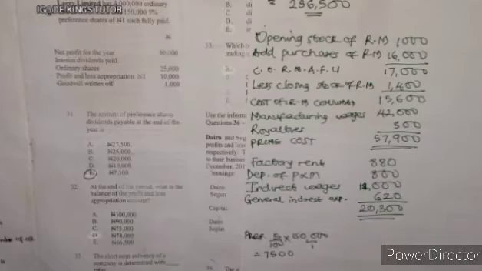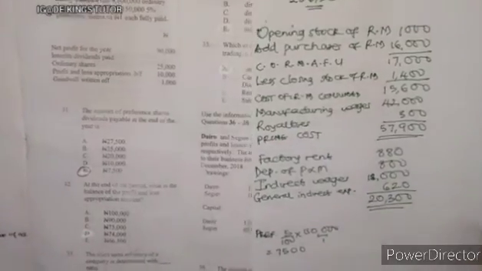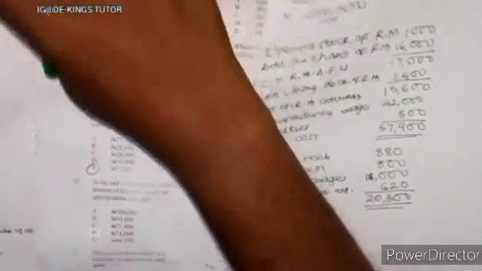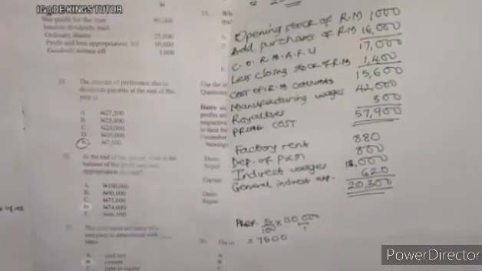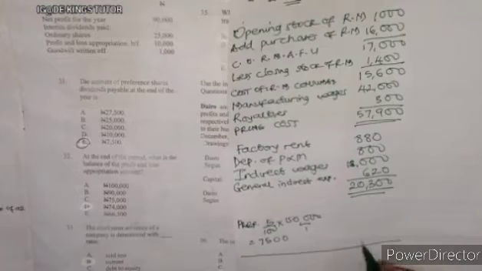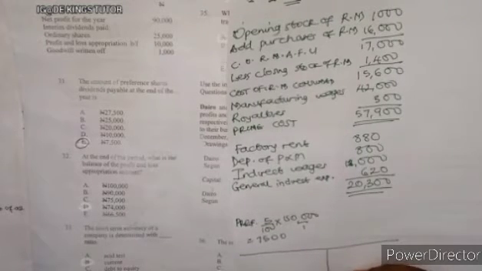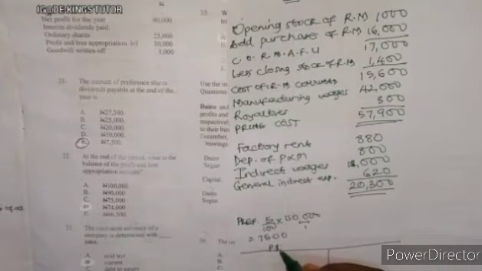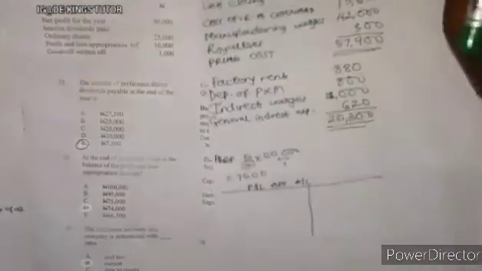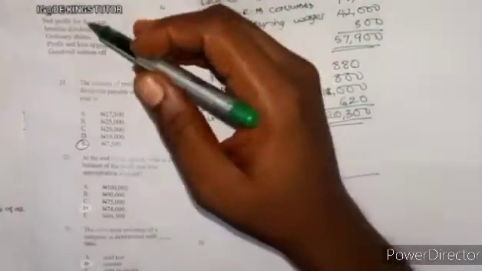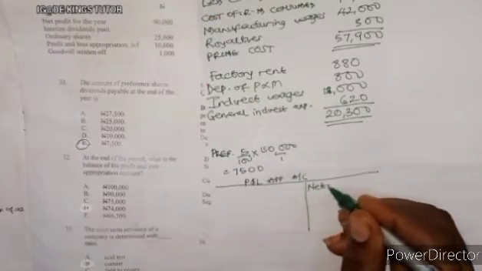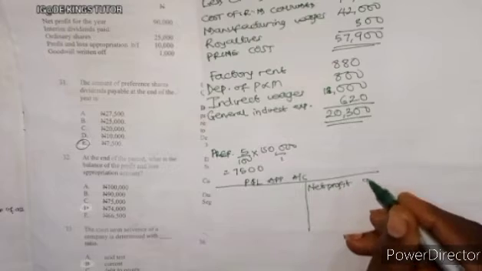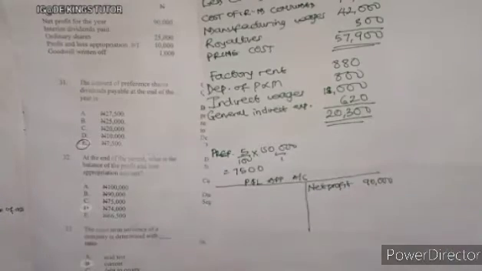So in this one, we have to prepare the profit and loss appropriation account. To prepare this, we check net profit. Net profit will come to the credit side. Net profit is 90,000.